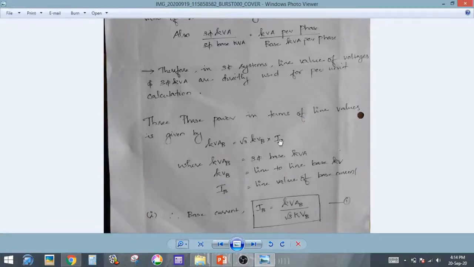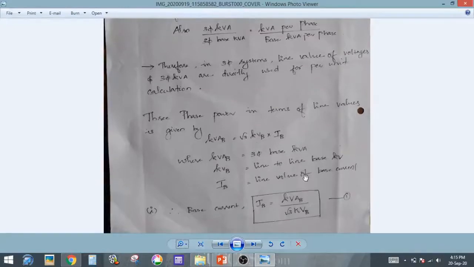And this expression is important: kVAB equals root 3 kVB into IB, or base kVA equals root 3 into base kV into base current. From this expression, IB can be derived as base current equals base kVA divided by root 3 into base kV.